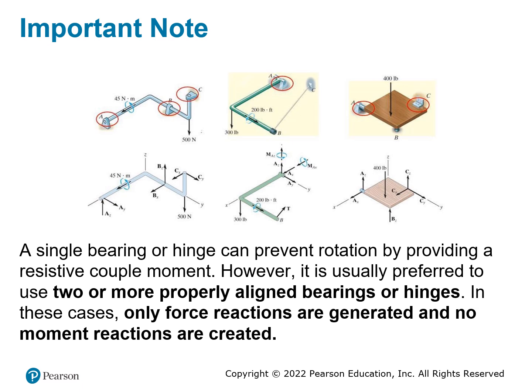When you have more than one bearing or one hinge acting on a device, in the previous one we saw, if you have a hinge, you are allowing it to rotate in a certain direction, but you don't allow it to rotate in the other directions, then you put in the resistive moment.